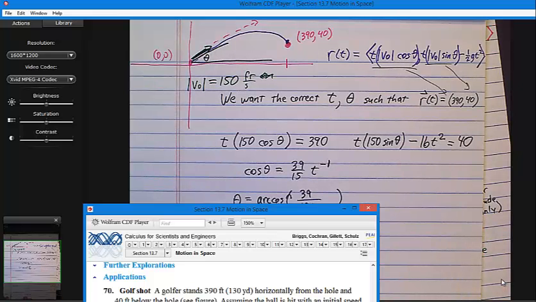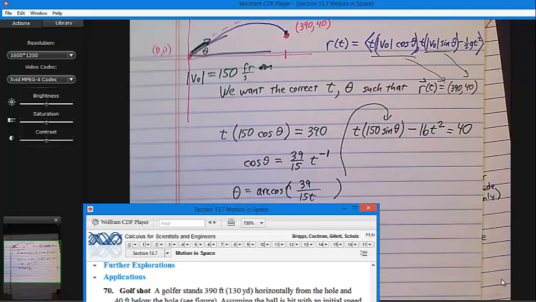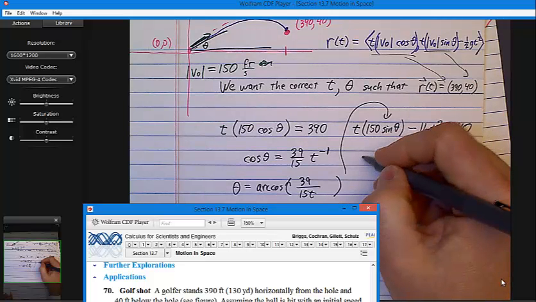Now I come over here and substitute in. 39 over 15 is 13 over 5. It's a 5, 12, 13. Oh, that's beautiful. So here we go.